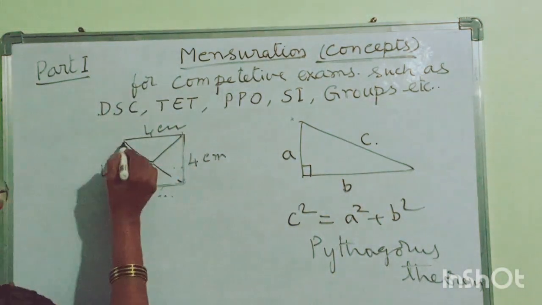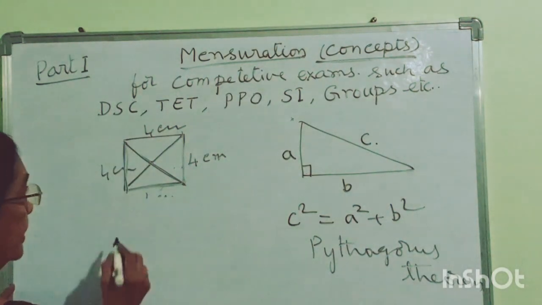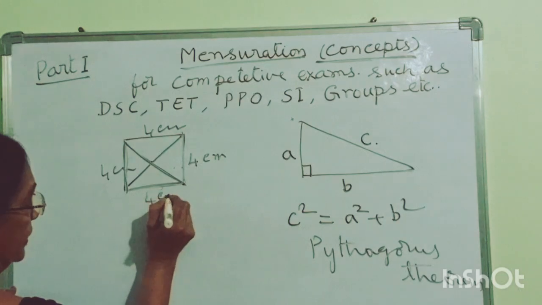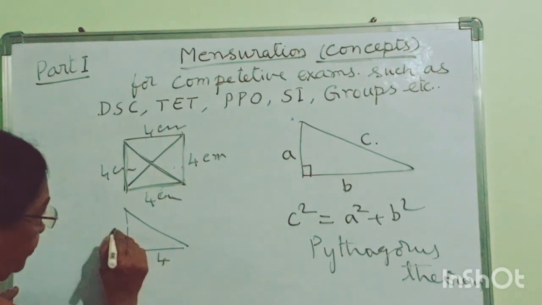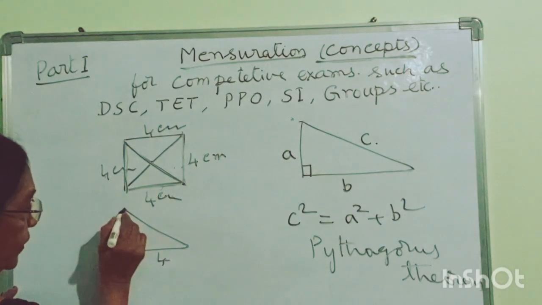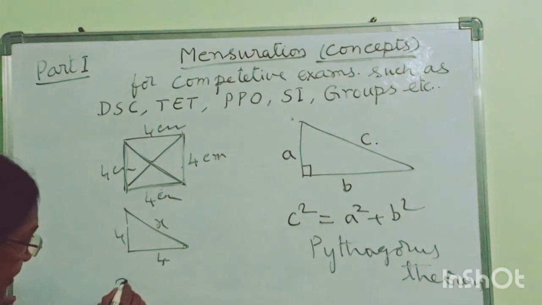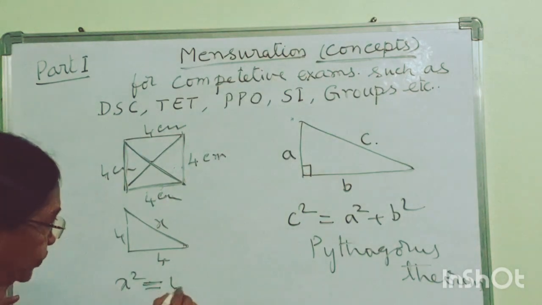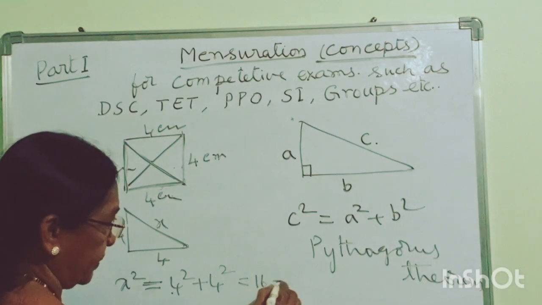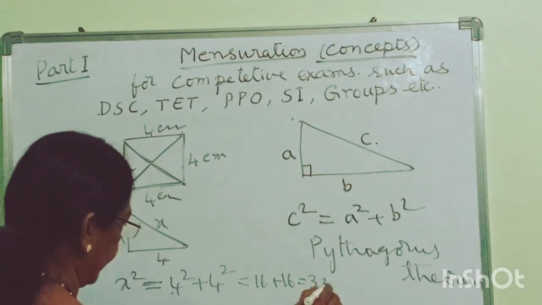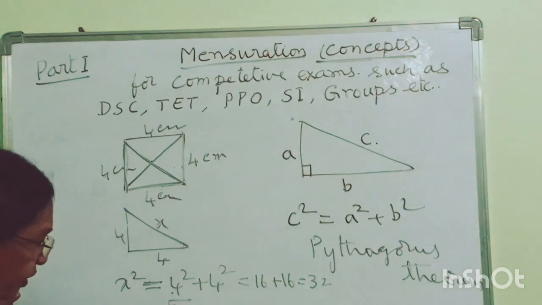Applying this theorem to this triangle, this side is 4 centimeters and this is 4. Let x be the diagonal of the square. x square is equal to 4 square plus 4 square, that is 16 plus 16, which is equal to 32. x square is equal to 32, or x is equal to square root of 32.